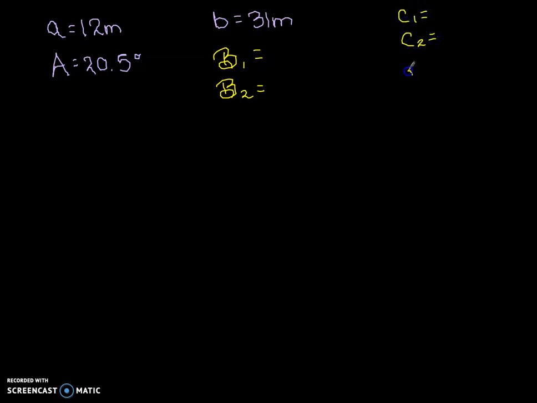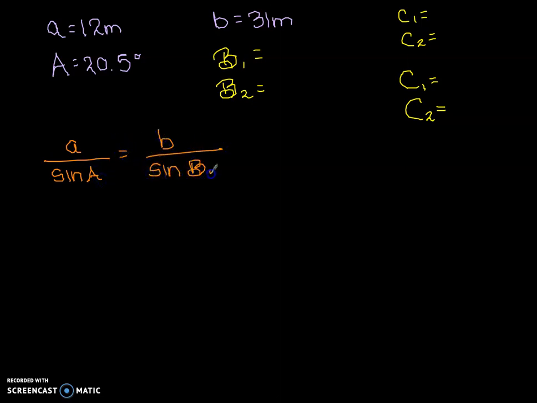We're going to start off just the way we always would, even if this was just one solution. I'm given a side and a corresponding angle, so I'm going to start off with the law of sines. A over sine of A equals B over sine of B, since we're finding the first angle for B. So filling in these values, we're just using the law of sines.